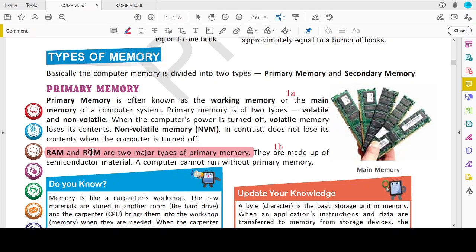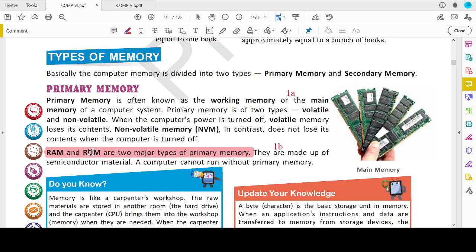So, for using a memory that will be permanent and of a very fast kind, you have to use a ROM, that is read only memory. They are made up of semiconductor material.